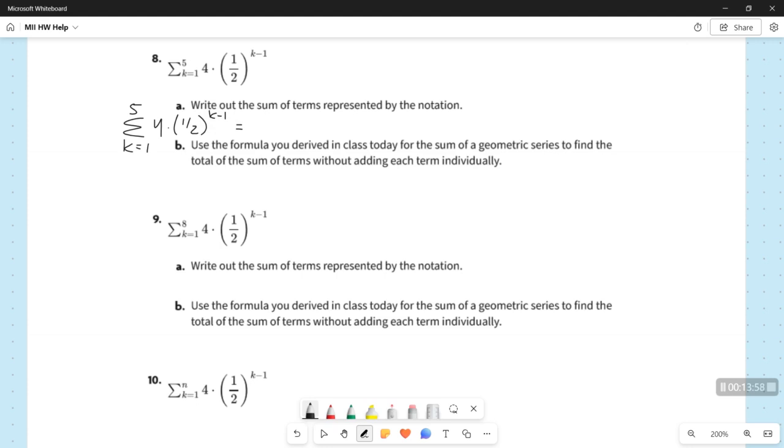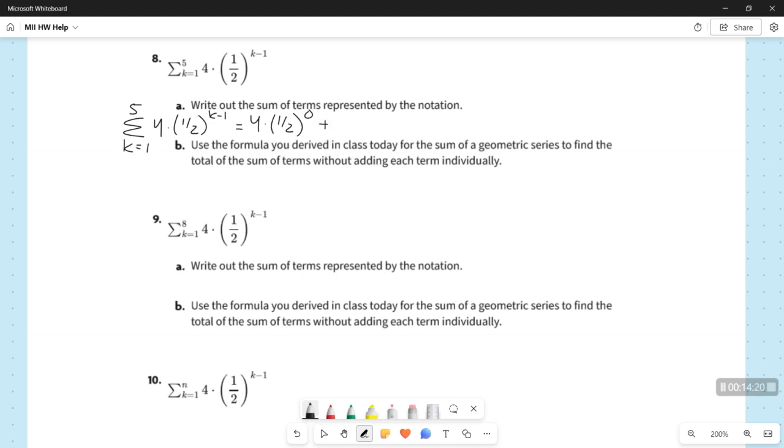We start with a k value of 1. So when I rewrite my algebraic expression, I get 4 times 1/2. Now I'm starting with a k value of 1, so when I plug in a 1, I get 1 minus 1, which is 0.